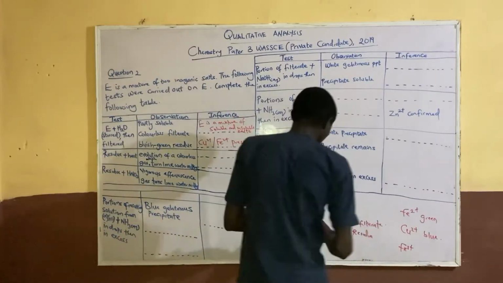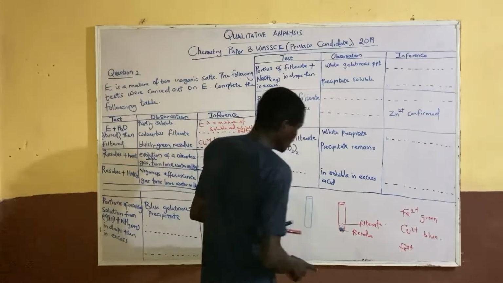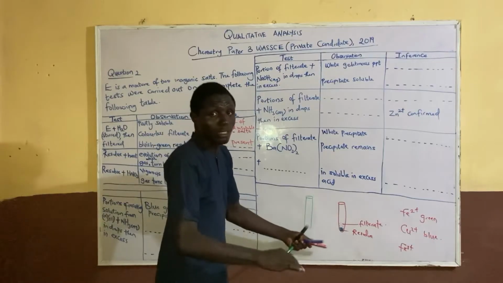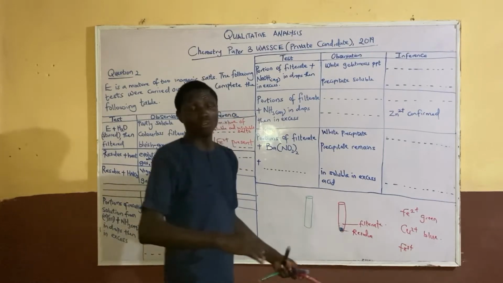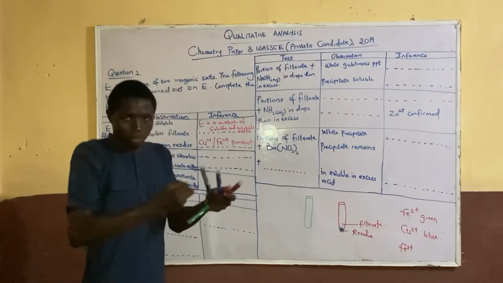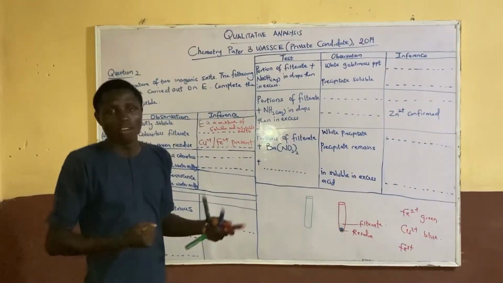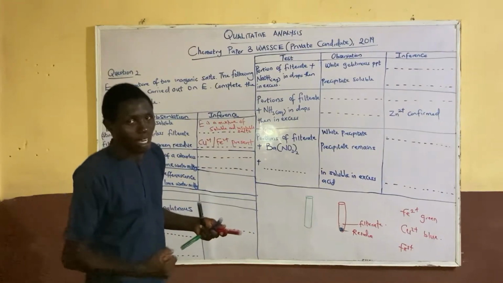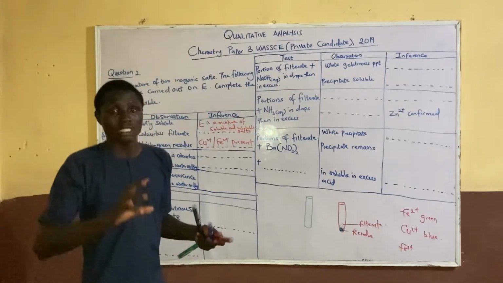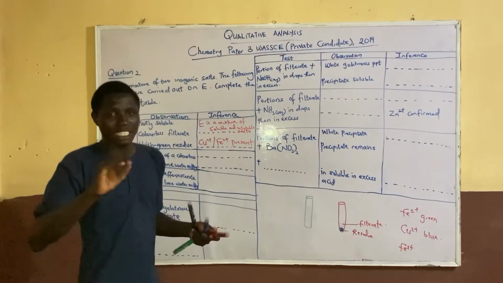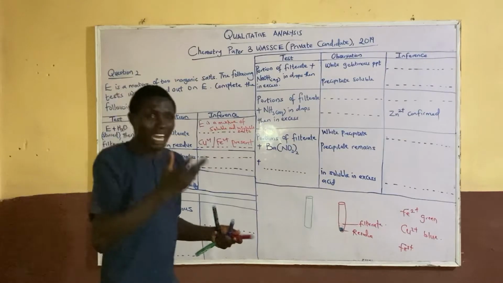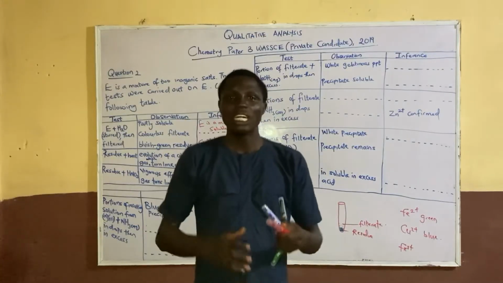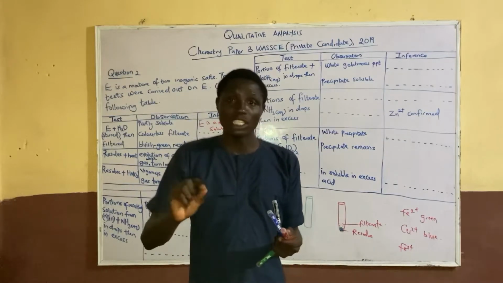So it means that this residue is separated from the filtrate, the residue formed at the bottom of the solution that is filtered, and we apply heat to that residue. We are told that there is an evolution of gas, and this gas turns lime water milky, and the only gas that has the ability to turn lime water milky is CO2.